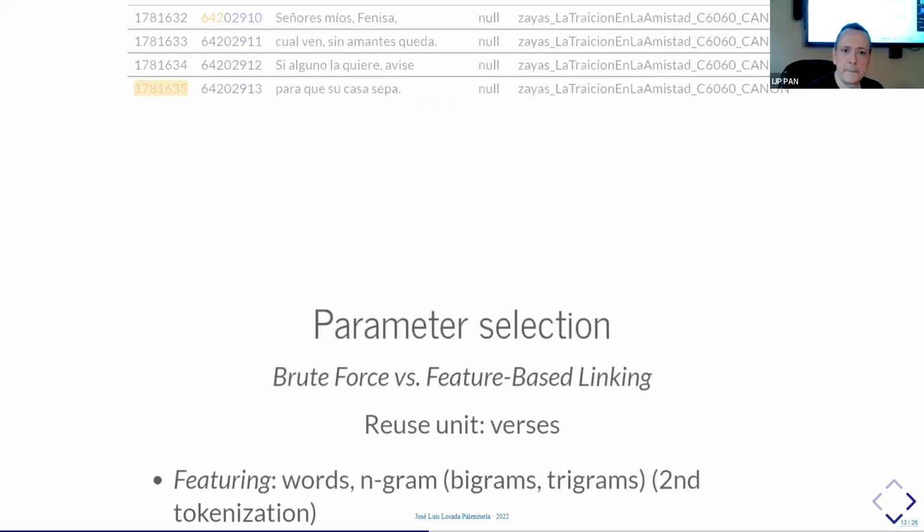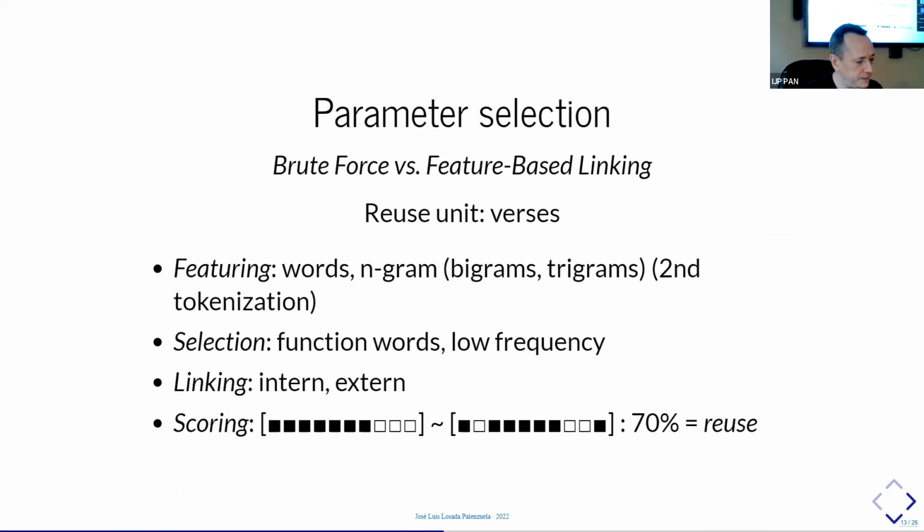So, what is the parameter selection for Tracer? It uses what they call a feature-based linking technique. It does not compare everything with everything, but only checks common elements in the reuse unit. The terminology they use for that is sometimes a little bit specific.